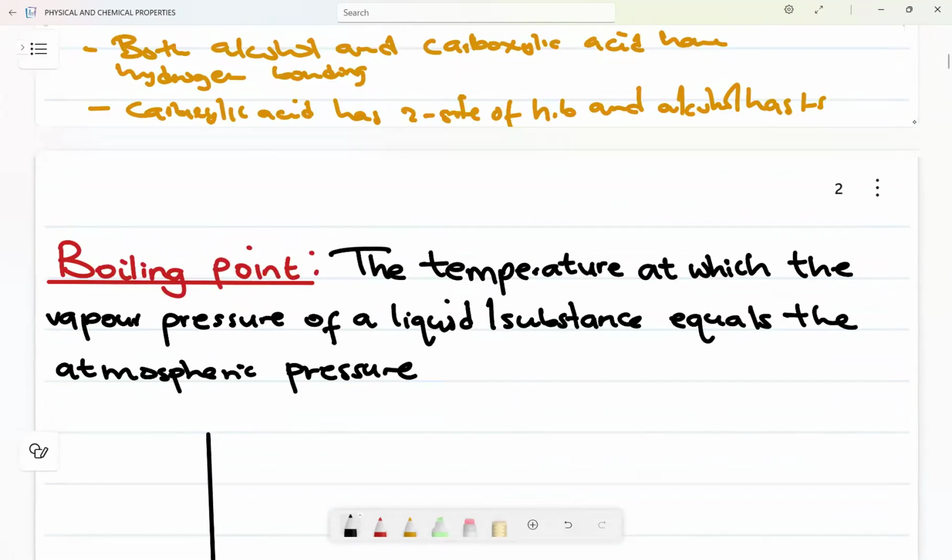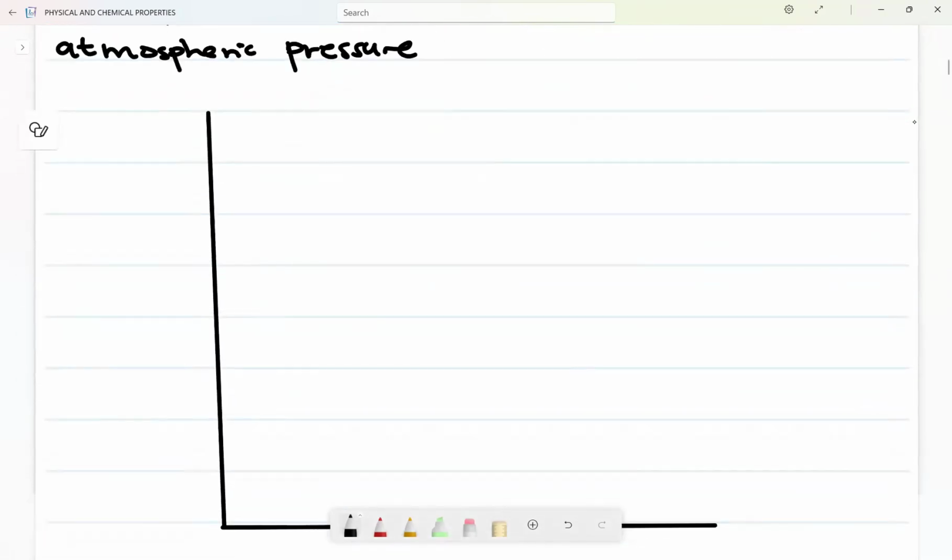Let's say here we label the vapor pressure.